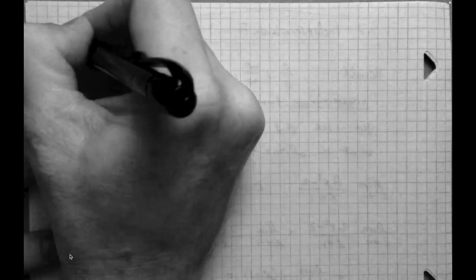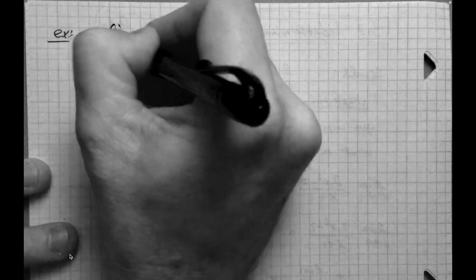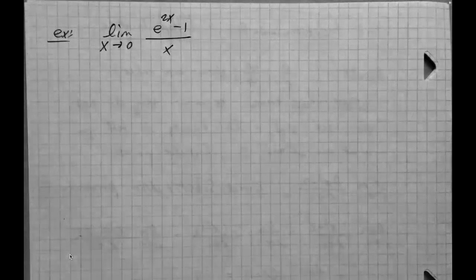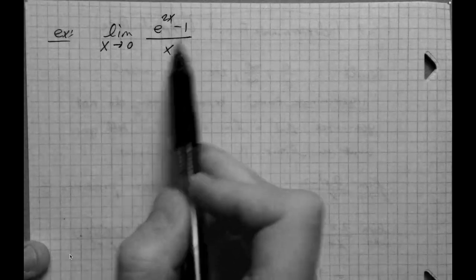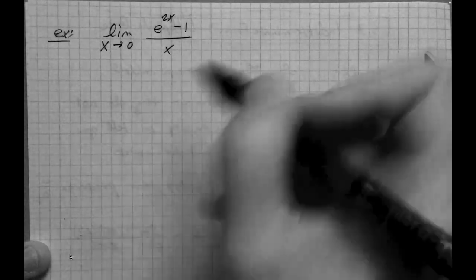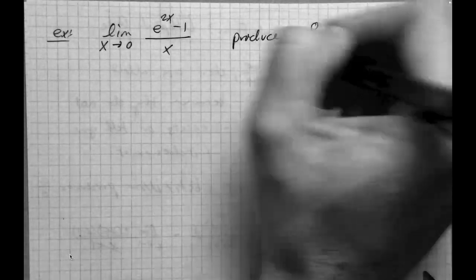So a simple example would be this one: limit as x approaches 0 of e to the 2x minus 1 just over x. Right, so in this case, this is going to produce 0 over 0 as written, right?